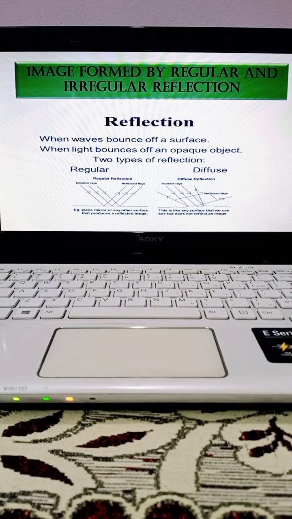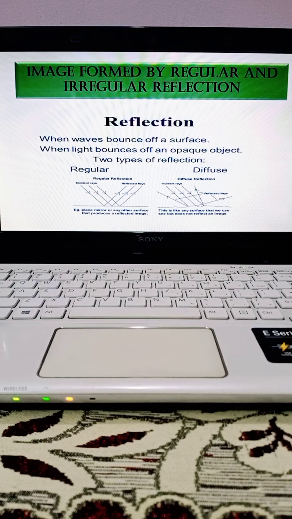Next, we have the formula for how many images are formed when two mirrors are placed together at a certain angle to each other. The number of images formed is 360 by theta degrees, where theta represents the angle at which the two mirrors are kept.